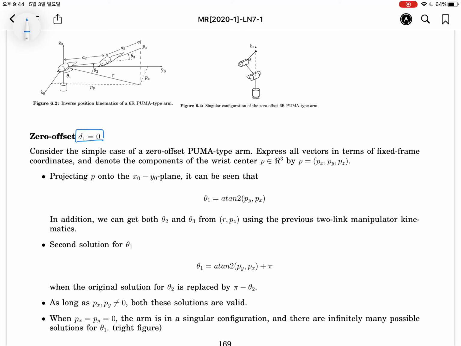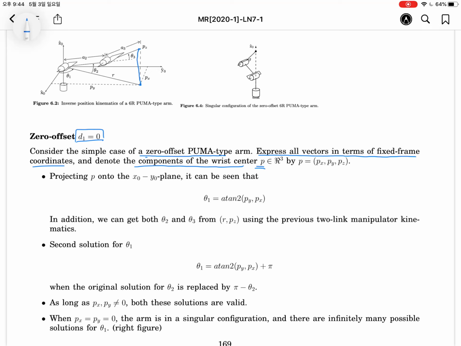Okay, D1 is zero in that case. Consider a simple case of a zero offset Puma type. Okay, express all vectors in terms of the fixed frame coordinate and denote the components of the wrist center by px, py, pz.